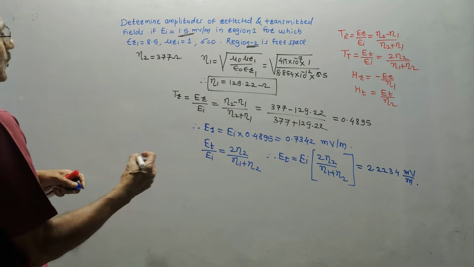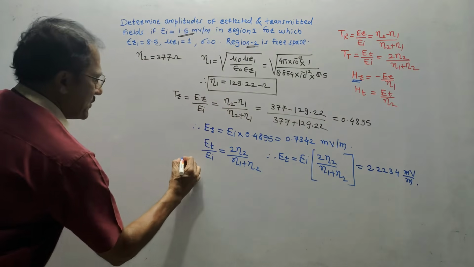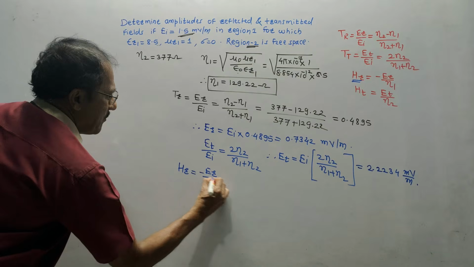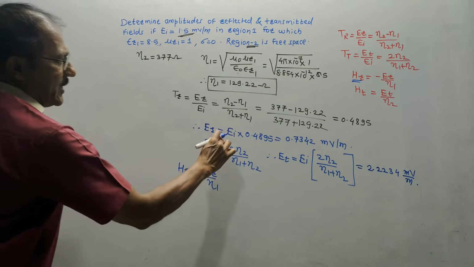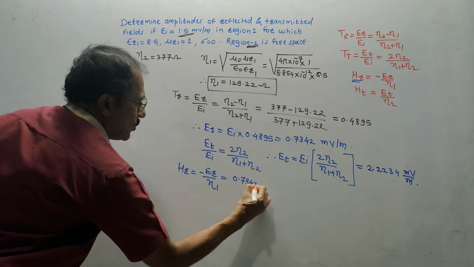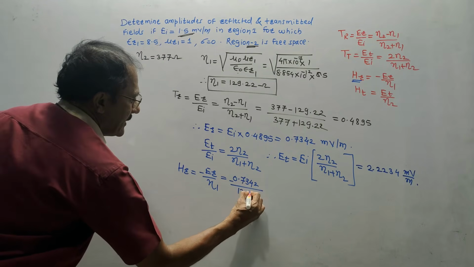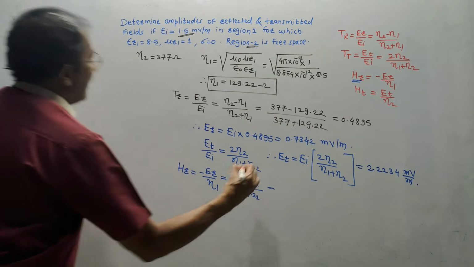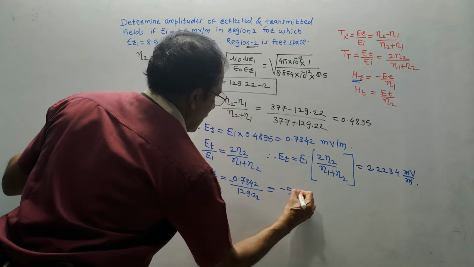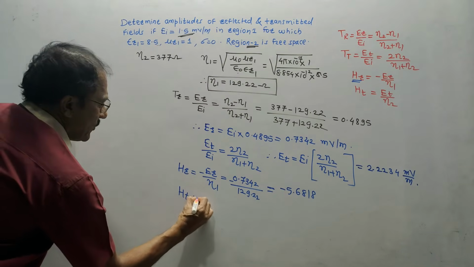Now, to calculate H bar, I mean HR, I have to make use of this formula. HR is equal to minus ER upon eta 1. We have the value of ER, put the values: 0.7342 upon, this minus sign is of course there, upon eta 1, that is 129.22. If you solve this, this answer will be minus 5.6818. Last part, I need to calculate HT.